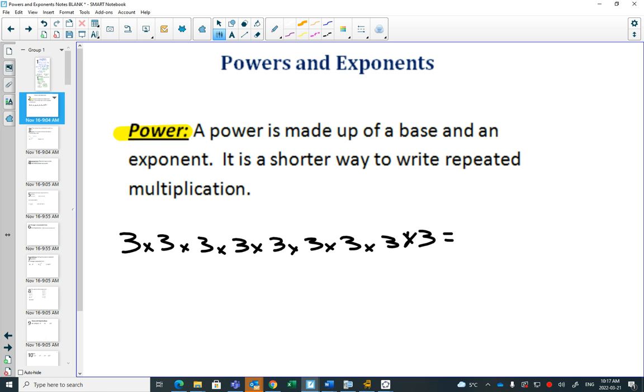It is nicer to go, I have 1, 2, 3, 4, 5, 6, 7, 8, 9 3s all multiplied together. This will be 3 to the 9. And that's a power.